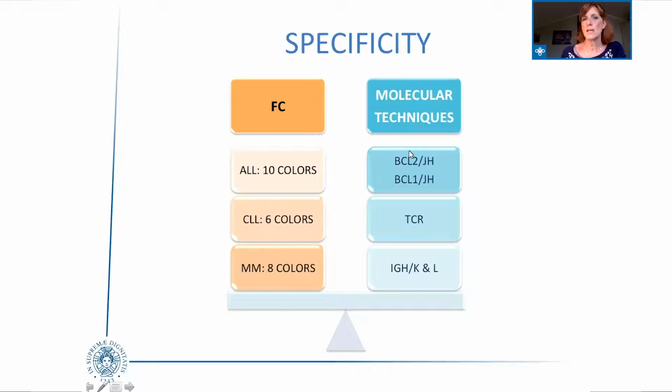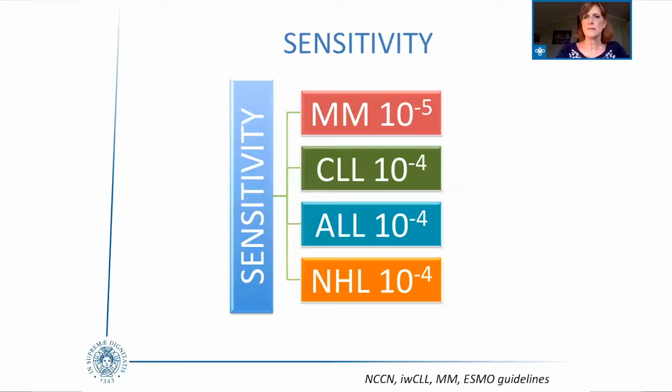And this is the same by molecular techniques when you use specific molecular markers such as BCL1-JH or BCL2-JH rearrangement, and you add TCR or IGH rearrangement. Also sensitivity is reachable by flow cytometry and by molecular biology. We have to reach 10 to minus 4 in almost all diseases, except for multiple myeloma, where we have to reach 10 to minus 5.